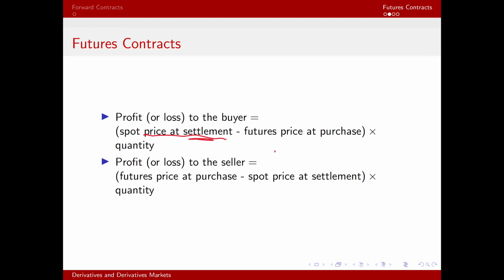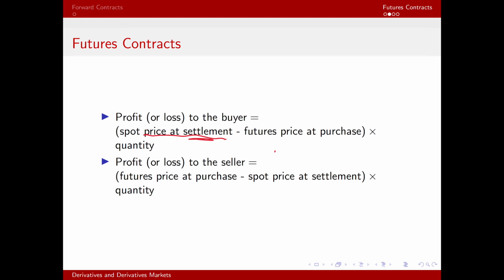And then on the settlement date, when the futures contract is purchased, let's say that the price of wheat goes down to $4. Well, then the buyer, for every bushel of wheat that they buy, makes a profit of $1. However, on the flip side, for the seller, the formula is just reversed.